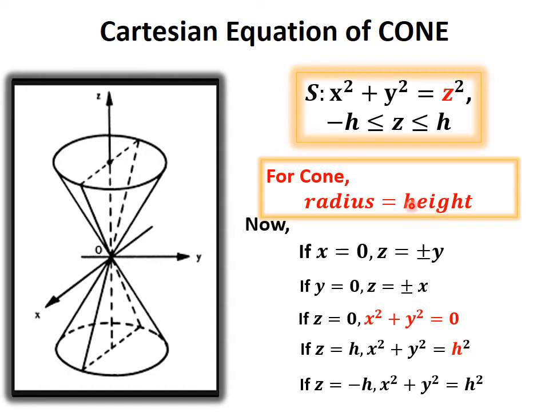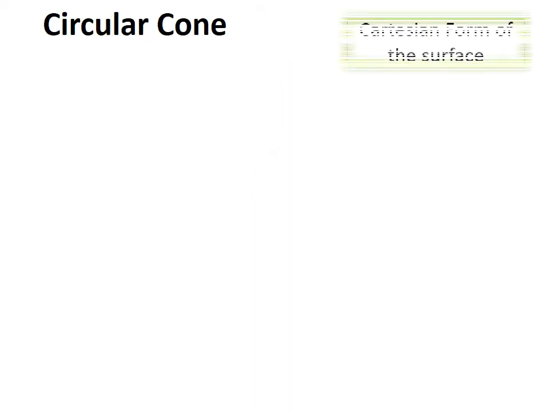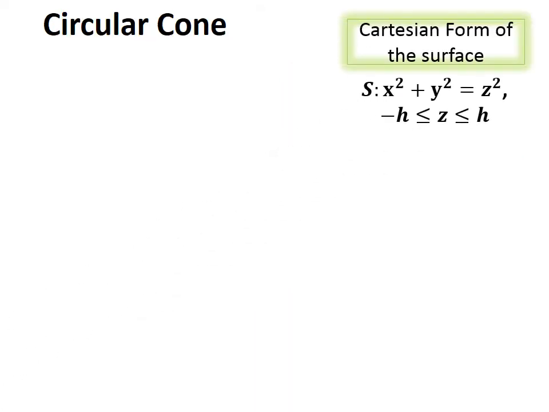Hope you are comfortable in visualizing the surface cone and you are justified why we are taking this representation for a cone. Now for a circular cone, the Cartesian form is x square plus y square equal to z square, and z is varying between minus h to plus h.